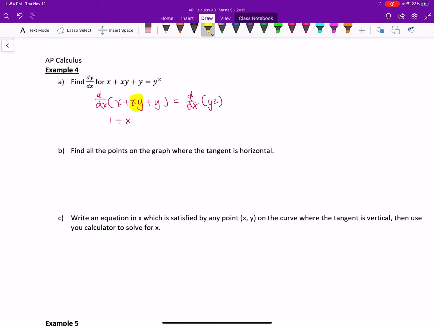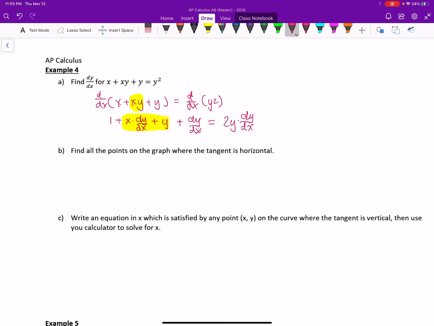That's where most people mess up on this. x times the derivative of the second, dy/dx, plus the second times the derivative of the first, which is just 1, plus the derivative of y, dy/dx. Just to highlight, this here is where I use the product rule, and I highlight it in yellow. And then the derivative of y squared is 2y, and again using the chain rule, dy/dx.